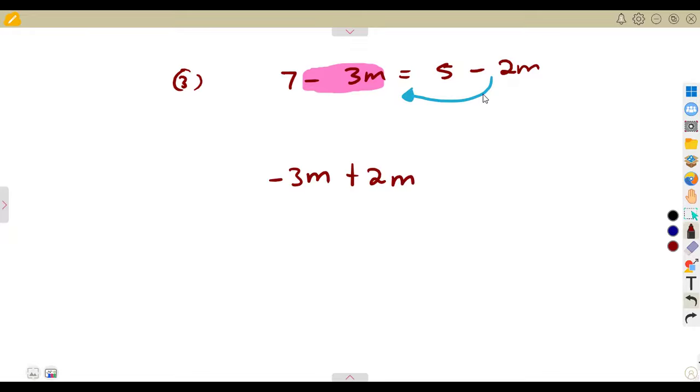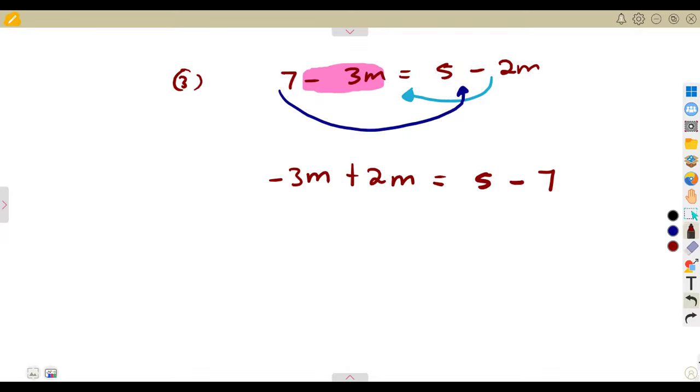It was a negative. Remember, anything that crosses the equal sign becomes the opposite sign. So this is equal to 5 already on the right-hand side, and we have to transpose the 7 to the other side of the equation. It's a positive, so transposed to the other side it becomes a negative 7. That's it.